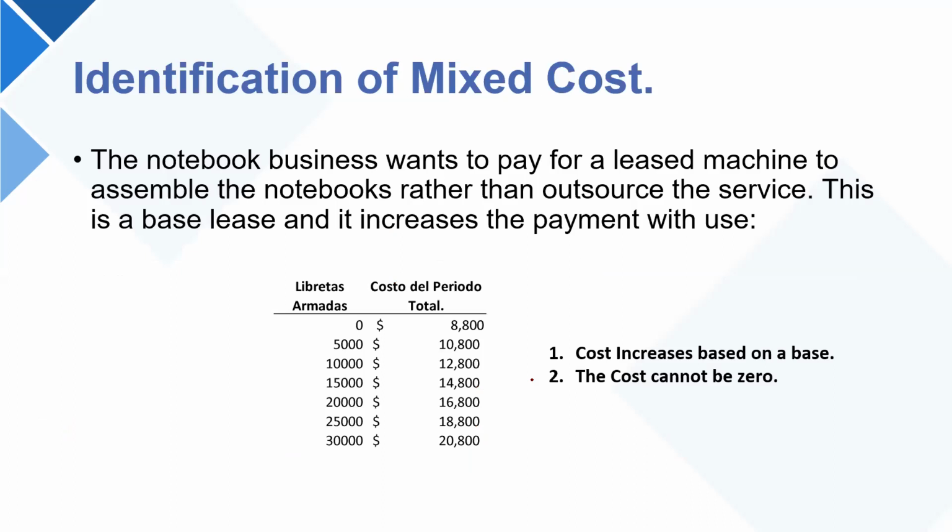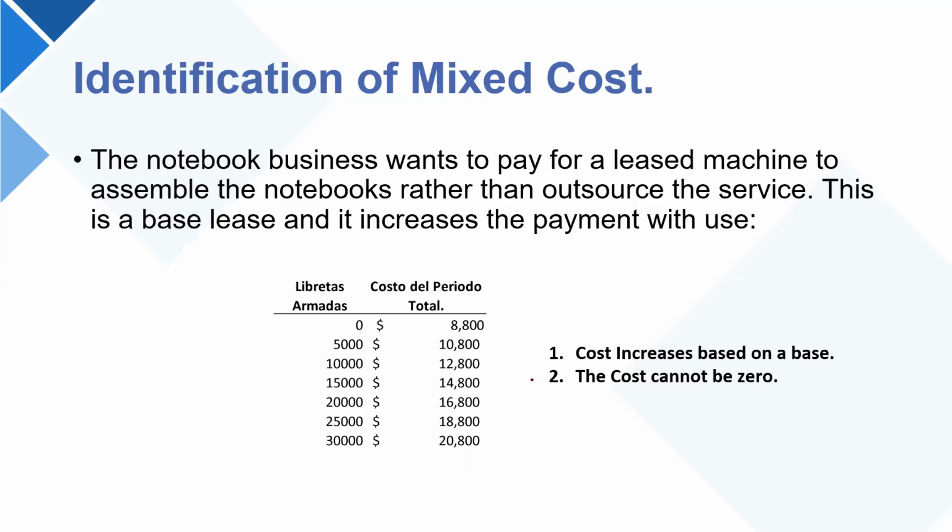Now let's see what happens when we have a mixed cost, because you can have a mixed cost. That is when you have a fixed part of the cost and then a variable part of the cost. A really nice example of that is when you have a lease on machinery, because you usually will have a fixed payment of the lease. And then if you are in a manufacturing business, there are contracts where you pay extra for each unit produced.